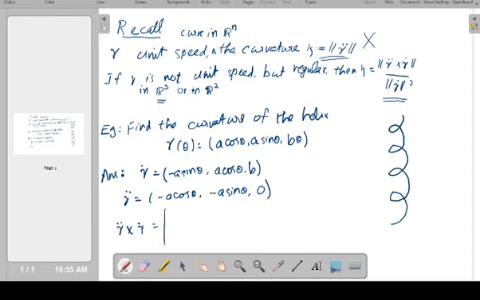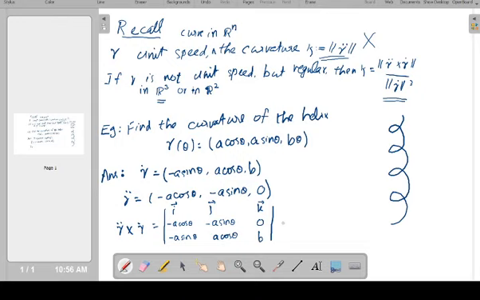So this is equal to the determinant with rows i, j, k; for gamma double dot, minus a cos theta, minus a sin theta, and the k component is 0; then for gamma dot, minus a sin theta, a cos theta and b.